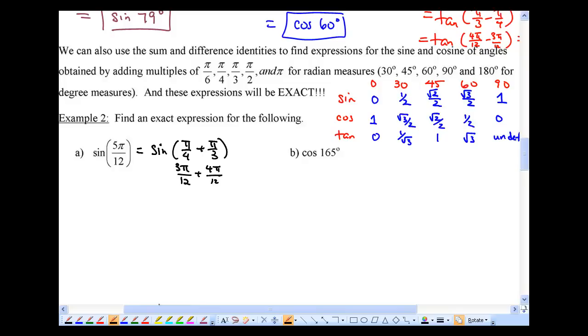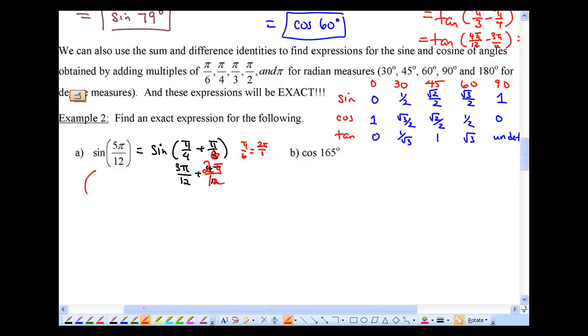Oops, that's not right. I want 5 pi. Well, I don't want 4 pi, but I actually want 2 pi. Well, how do I get 2 pi over 12? If I simplify it, that's pi over 6. Right? Pi over 6 is equal to 2 pi over 12.